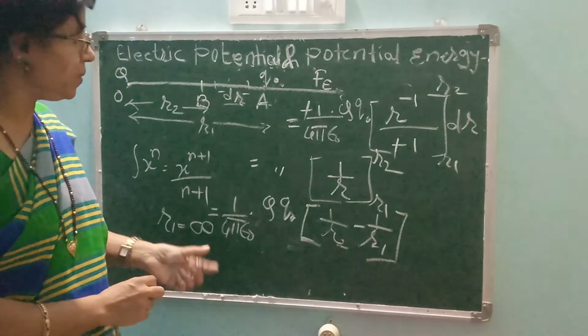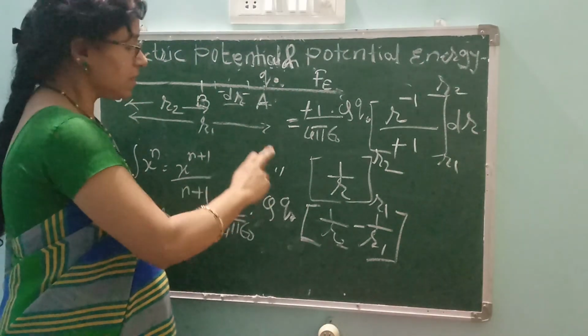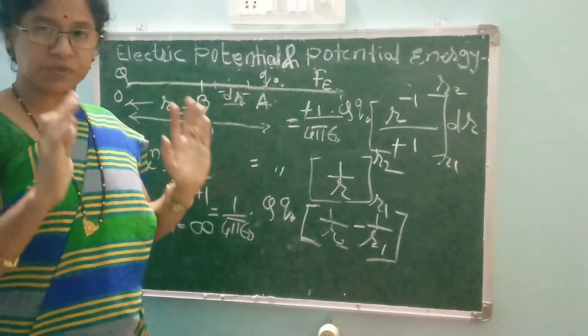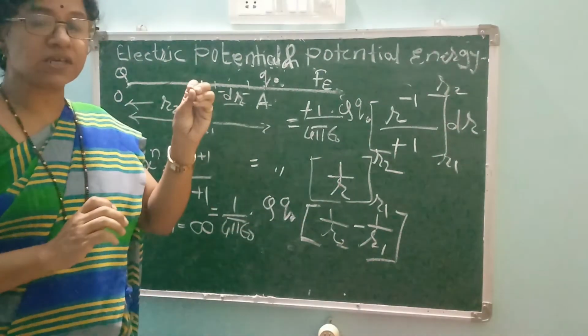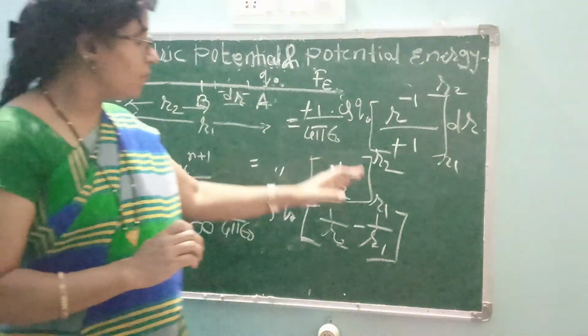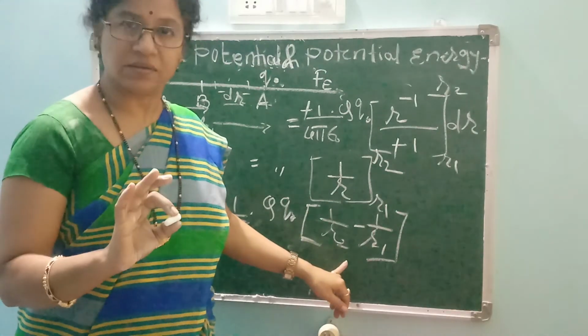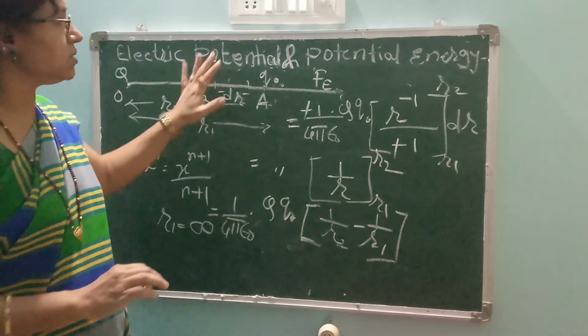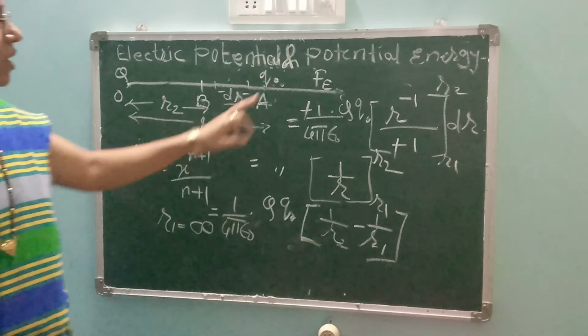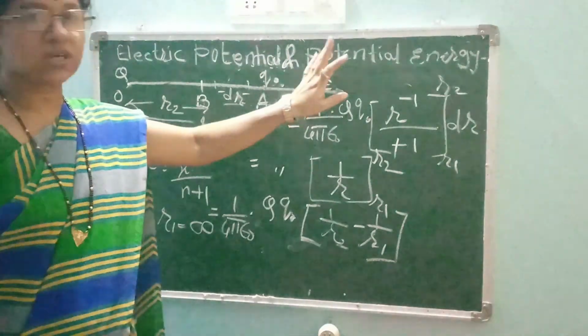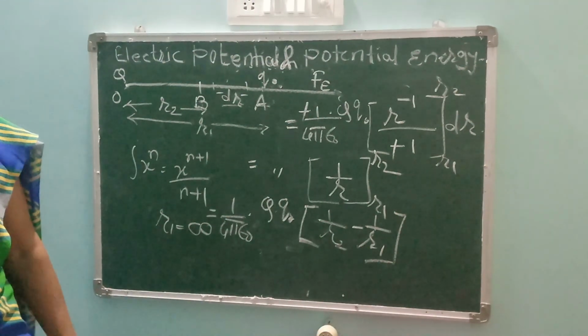So क्या हो जाएगा उस टाइम में तुम्हारा, that is 1/4 pi epsilon 0, the charges q1 and q2 and 1/only r. Okay, so this is the complete derivation of the electrostatic potential energy. In the next topic we will see next time.